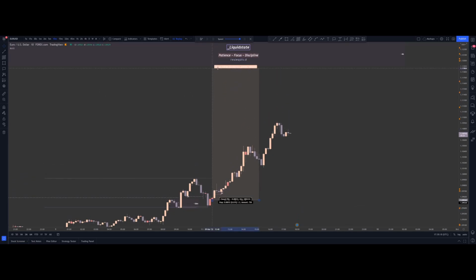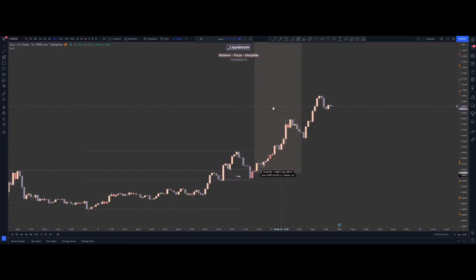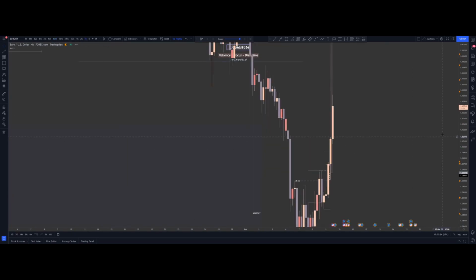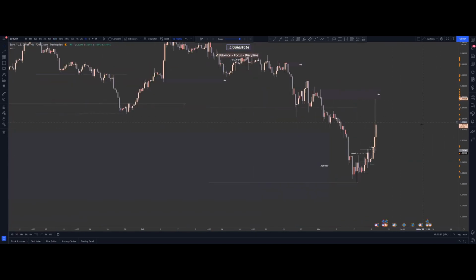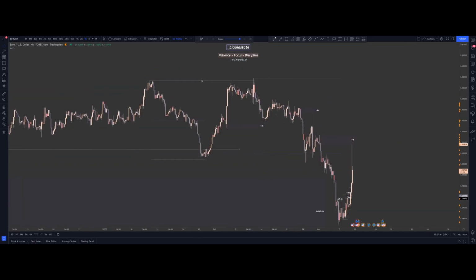And my final TP for this trade is this 4-hour supply for 200R, which, if you look here, makes sense as a POI to come to. I actually think, to be honest, we could come up here and sweep this high, because if you look at this previous range, we took out the low, we didn't react to any demand down here.